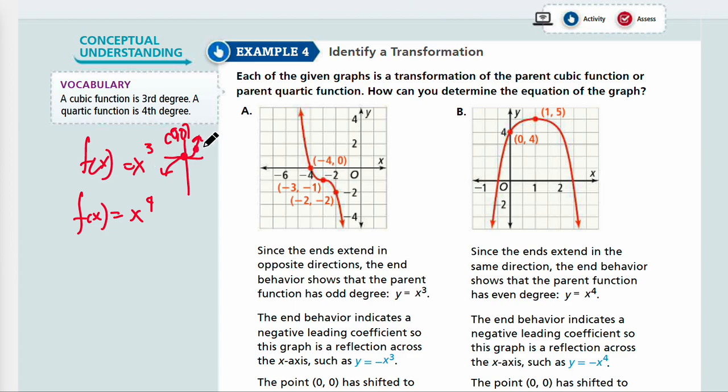So you have the 3 major points: your origin, then the next point where x is 1, and another point when x is negative 1. So why are 1 and negative 1 special? Just because we can plug in easily and check the positivity or the negativity of the values really quickly.